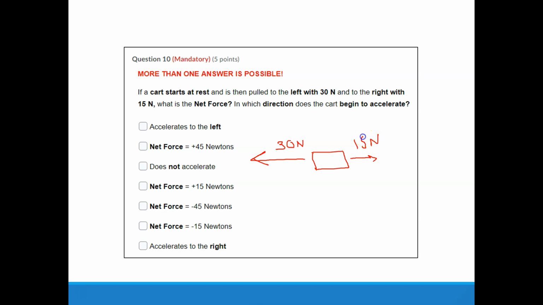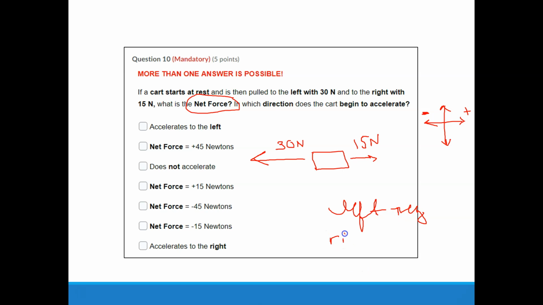Remember, here's my graph right here: the left direction should be negative and the right direction should be positive. So take those numbers, whichever one's negative, whichever one's positive, put them together, and that should give you your net force. If your net force is negative, then the object's going to accelerate to the left, right? So to the left, if your answer is negative.